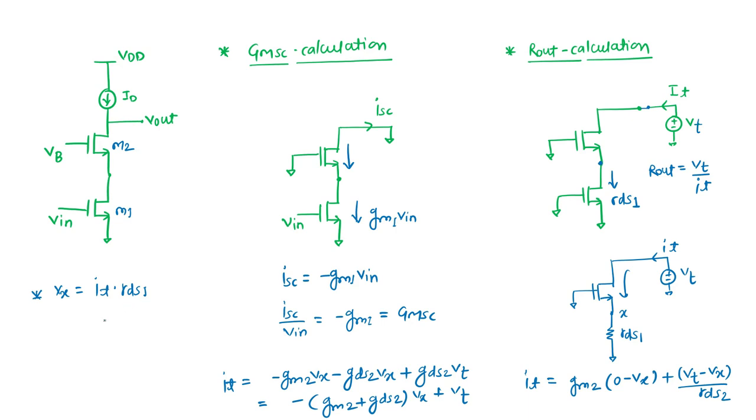So IT is equal to minus (GM2 plus GDS2) IT RDS1 plus VT. After separating, you can find VT by IT is nearly equal to GM2 RDS2 RDS1. So this is the R out.